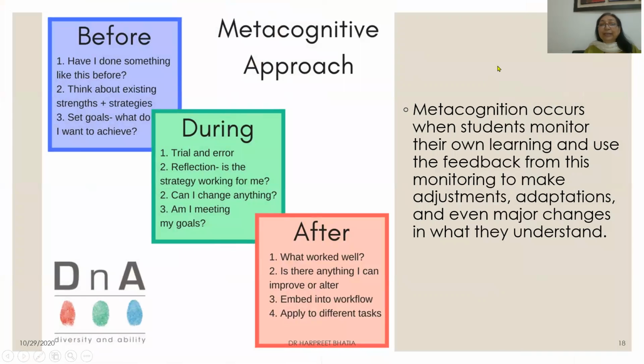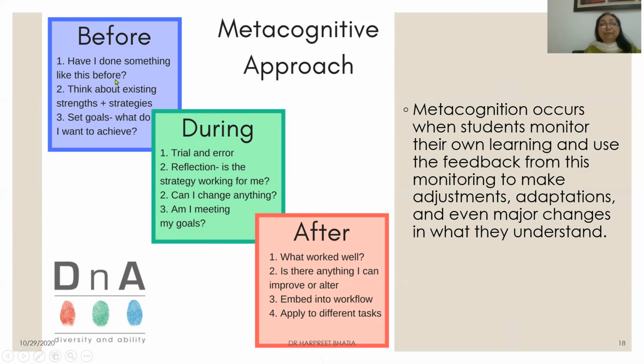Now if we look at the metacognitive approach, we will see that there are three steps to it. One, of course, is during the learning process, but there are some things which come before this stage, and some things which are the outcomes of the process.